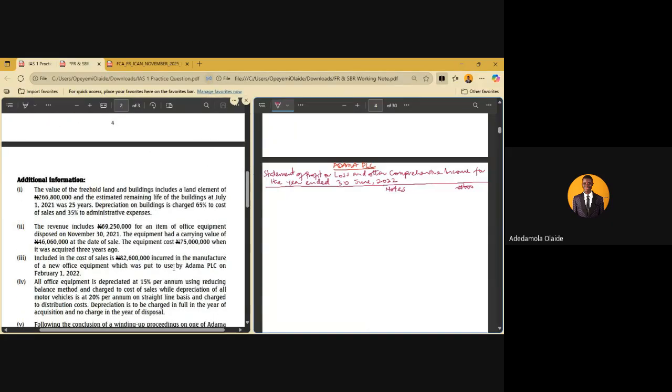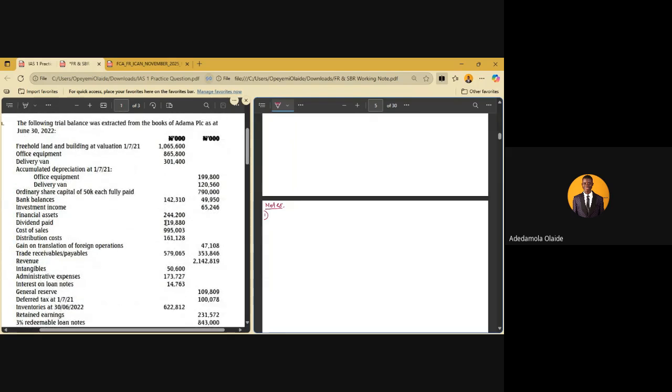Okay. So with all of that information, the basic thing we need to do is to calculate depreciation of the building. If we look at the trial balance, we were given freehold land and building at valuation to be 1,065,600,000.